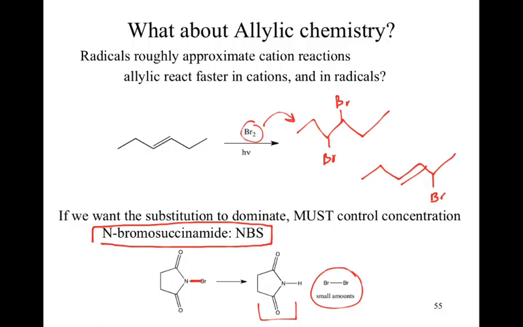In the presence of very small amounts of Br2, we will end up forming the radical, and we tend to prefer the allylic substitution as opposed to the addition. For those of you in lab, I'm sorry, when you see NBS, you should be thinking radical substitution, not addition. If you have questions about that, you can ask in class.